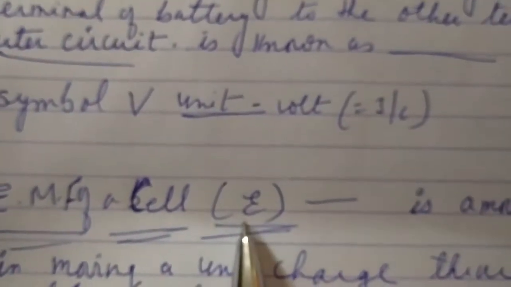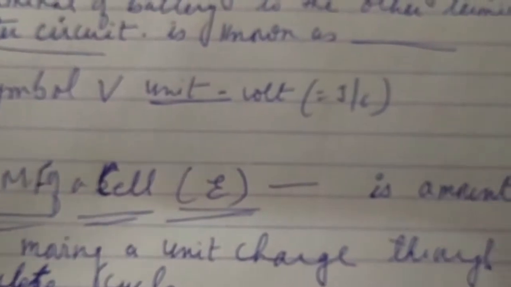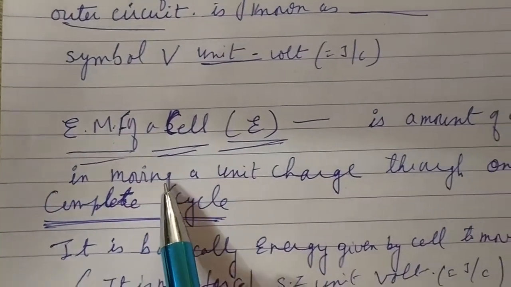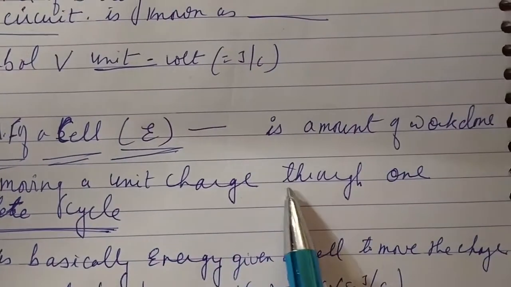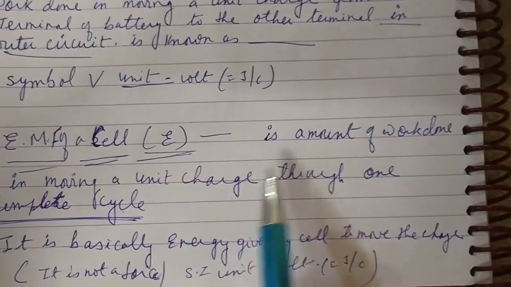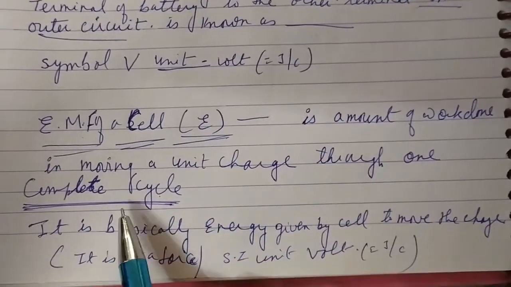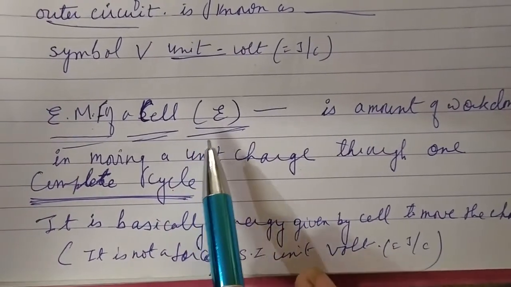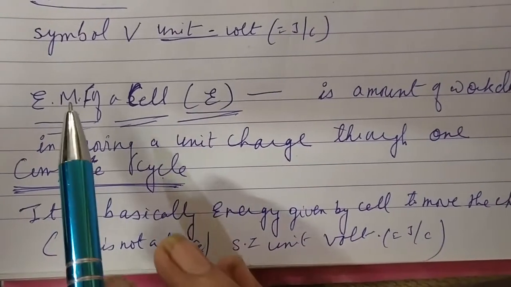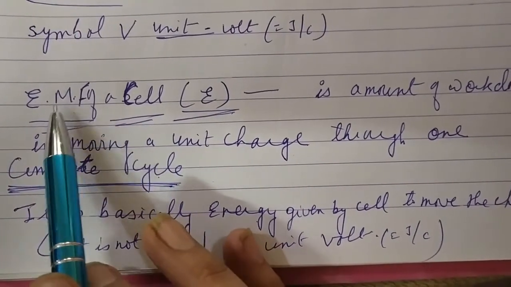Now EMF of a cell, it is represented by E, is the amount of work done in moving a unit charge through one complete cycle. It is basically energy. Its name is electromotive force, but it is not a force.